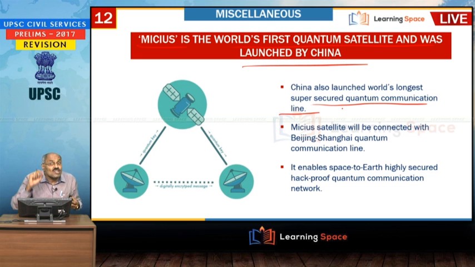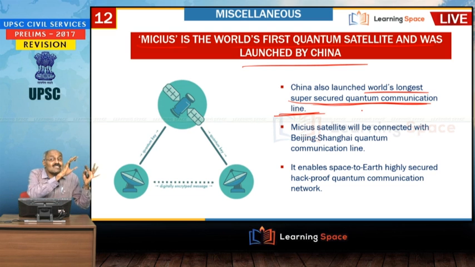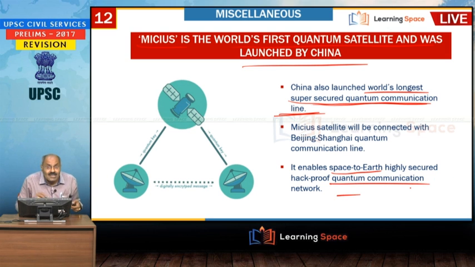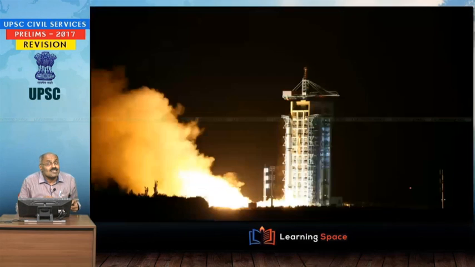At the same time, China also launched world's longest super secured quantum communication line. So, this Micius satellite will be connected with the quantum communication line between Beijing and Shanghai. So, it enables space to earth, highly secured, hack-proof quantum communication network, right?